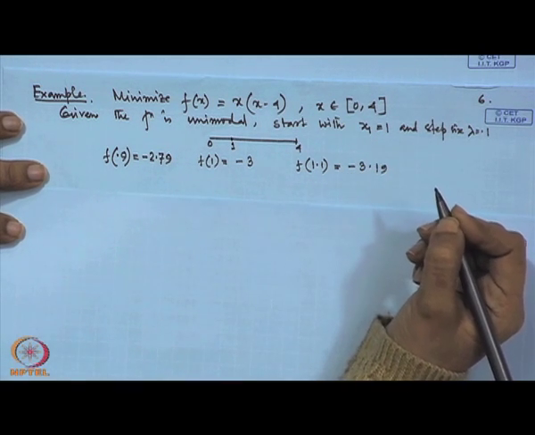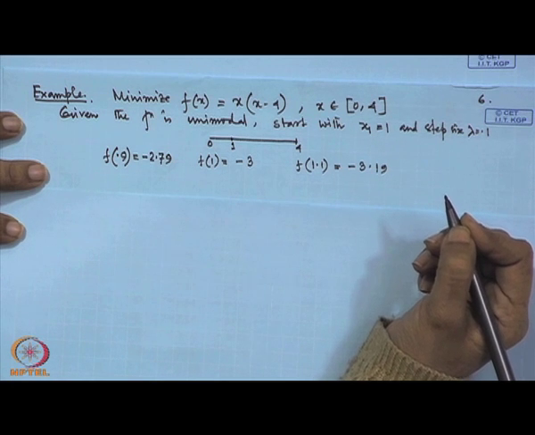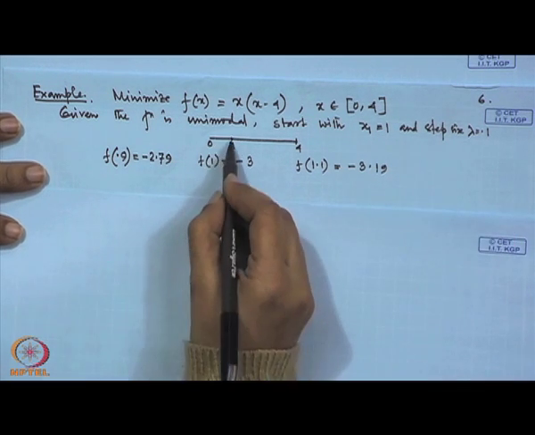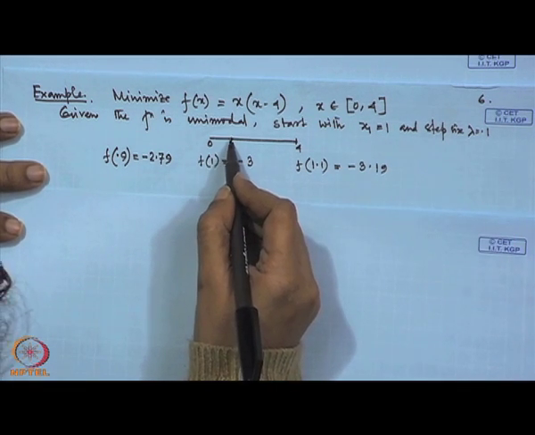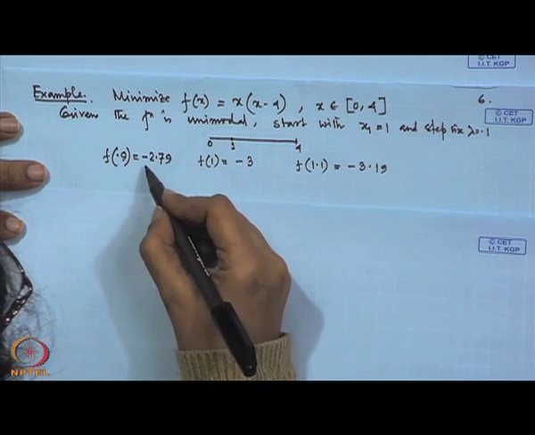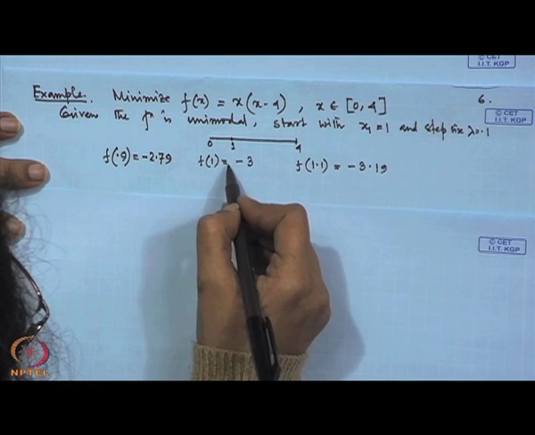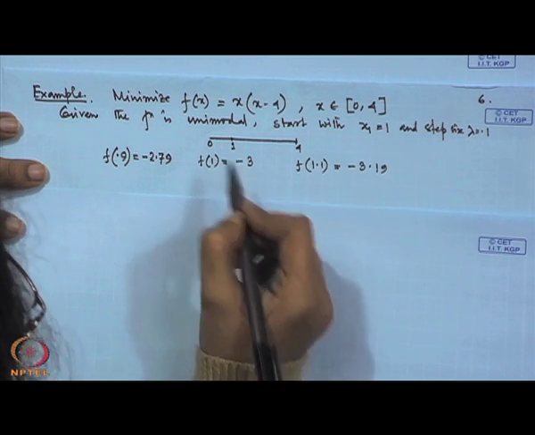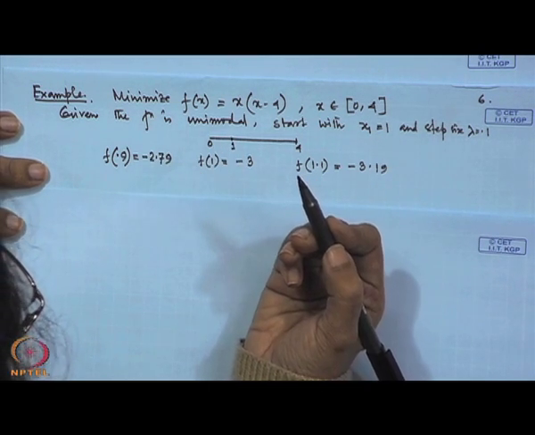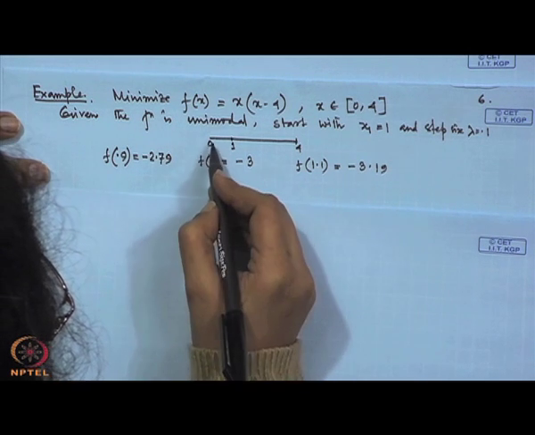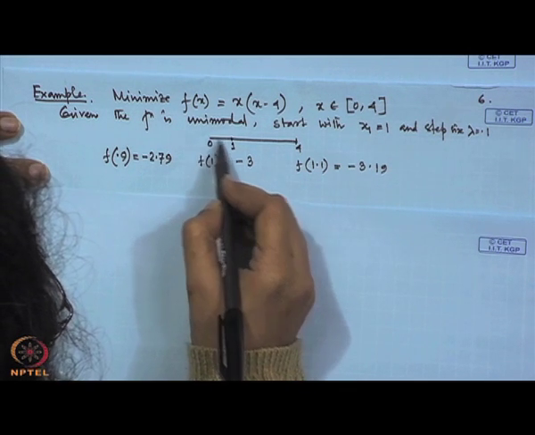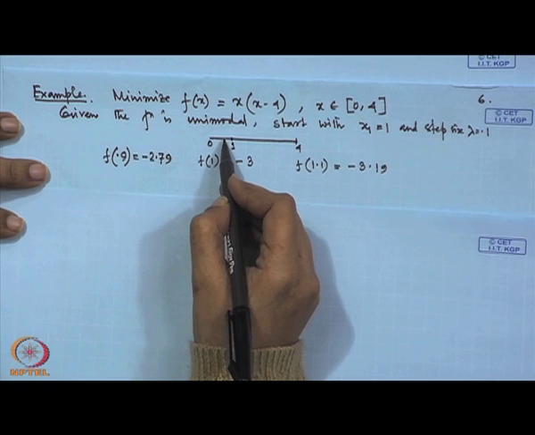Then what is the conclusion for us? The conclusion is that if I move to the left, then we are getting a functional value which is higher than the functional value at 1. And the function is unimodal, so the minimum cannot lie between 0 and 0.9, I am sure of that.